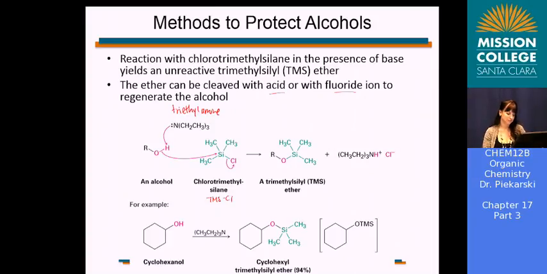You may be looking here and thinking, Dr. P, I can see the base pulling off the proton to make some sort of alkoxide anion, but eventually these electrons come in and attack a tertiary silicon substrate. This looks like an SN2 mechanism. Does that happen? Yes, it does. This is not carbon. Where is silicon on the periodic table? It is right underneath carbon.